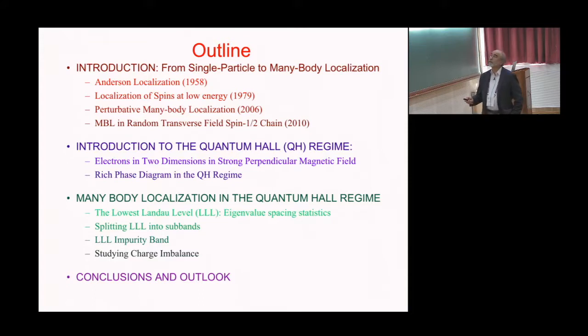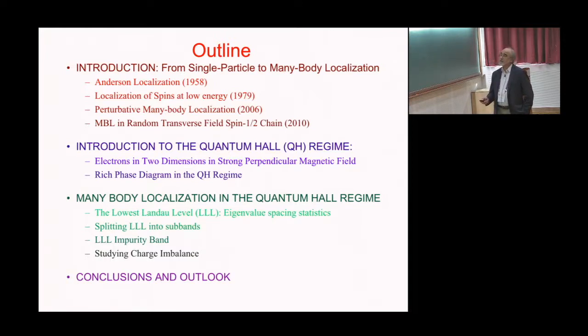In the first introduction, I'll briefly talk about single particle localization, then talk about spin localization, and then very quickly flash 2 slides of the early work on many-body localization, the Basko-Aleiner-Altshuler work, as well as the work on the random transverse field spin half chain.